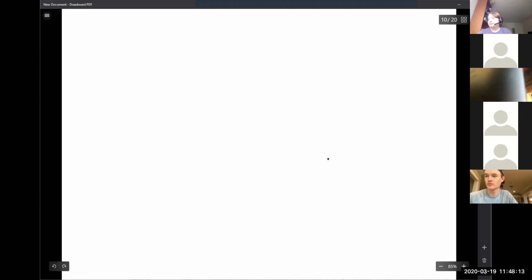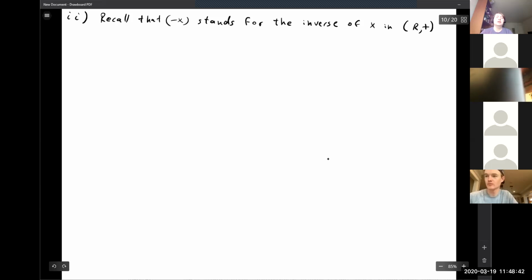Now for the second part, recall that minus x stands for the inverse of x in a group R plus. Our goal is to prove the standard property of multiplication.